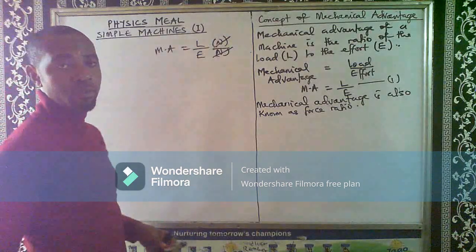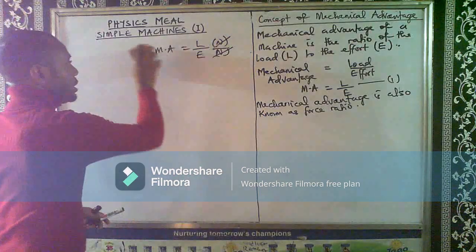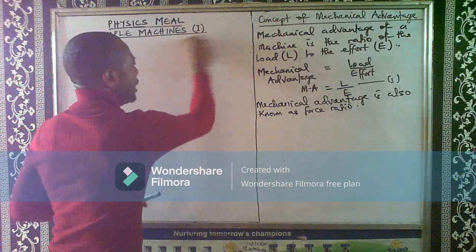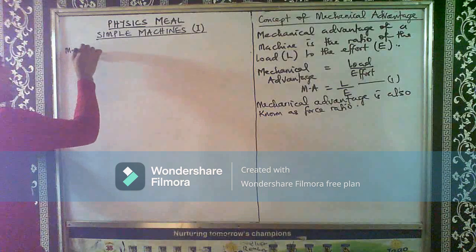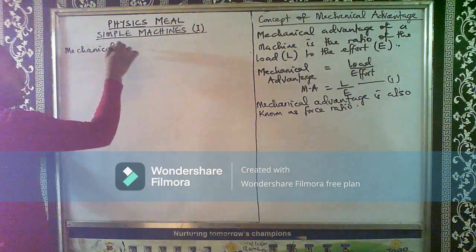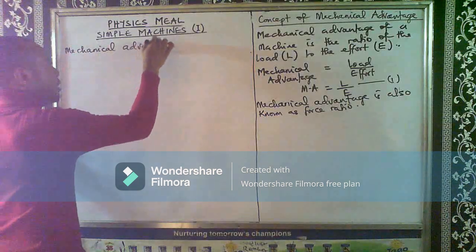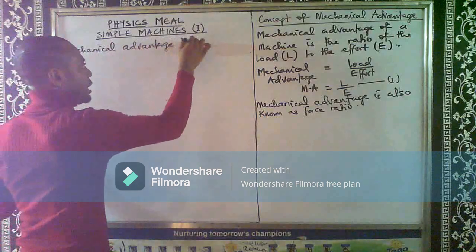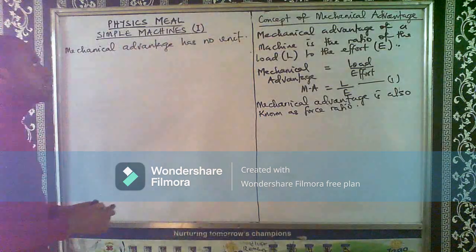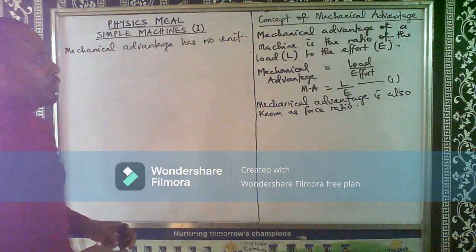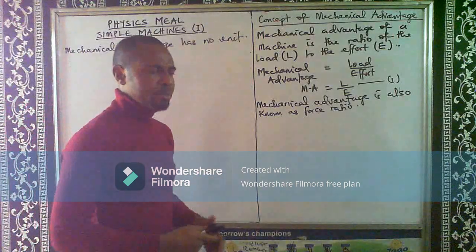So we don't have a unit for mechanical advantage. I can write it down anyway. Mechanical advantage has no unit. We have seen that.